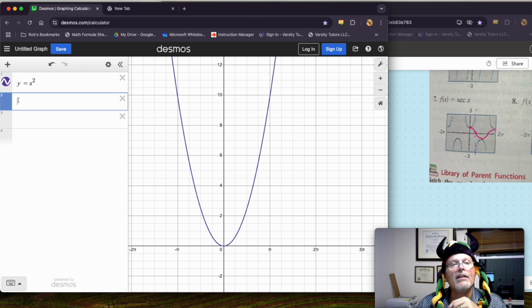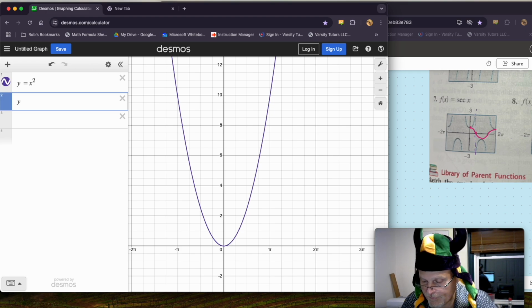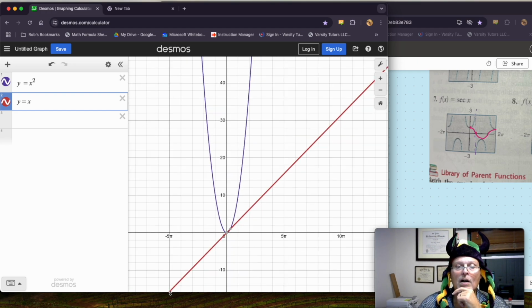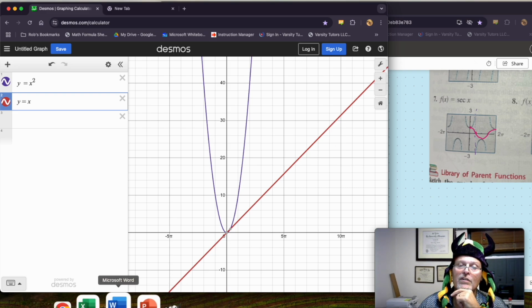And if I look at y equals x, which is an odd function because it has an odd exponent, I notice that my end behaviors are going to be y approaches infinity as x approaches infinity, and y approaches -infinity as x approaches -infinity. And you'll notice that for odd functions, the end behaviors go in different directions. One goes positive, one goes negative.